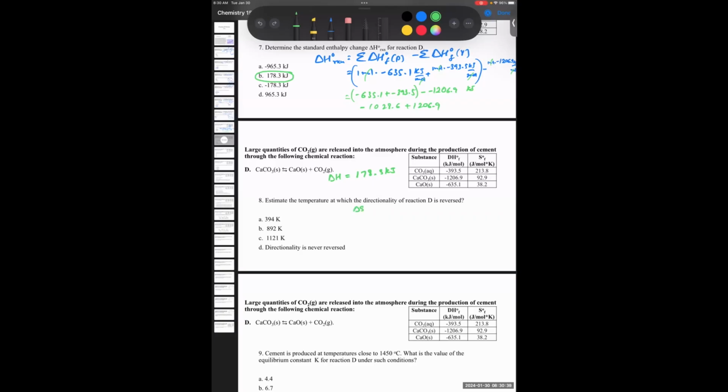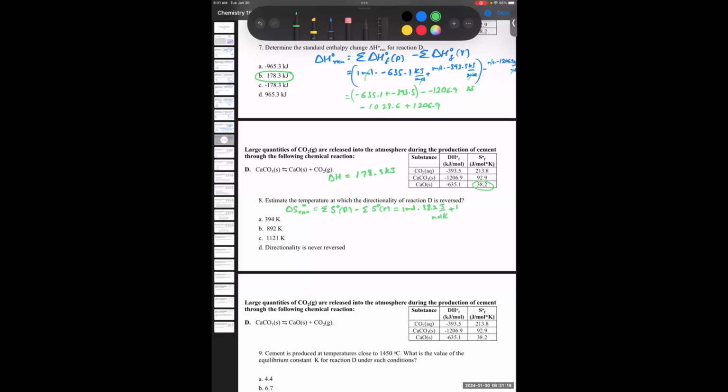Okay, delta S reaction. Delta S reaction at standard conditions should be the sum of standard entropy values for the products minus the sum of standard entropy values for the reactant. So we have 1 mole of CaO multiplied by 38.2 joules per mole per Kelvin.